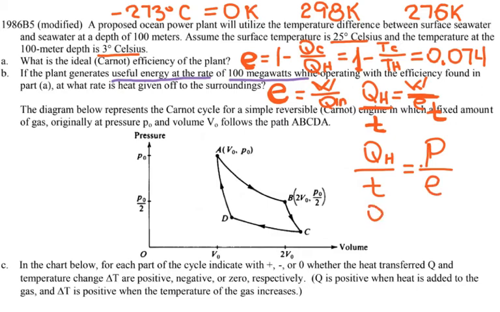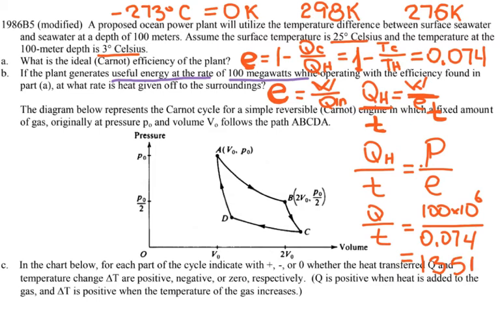So how much heat is given per time is equal to 100 mega, which is 10 to the 6 watts, divided by efficiency, which is 0.074, and that will give me 1351.